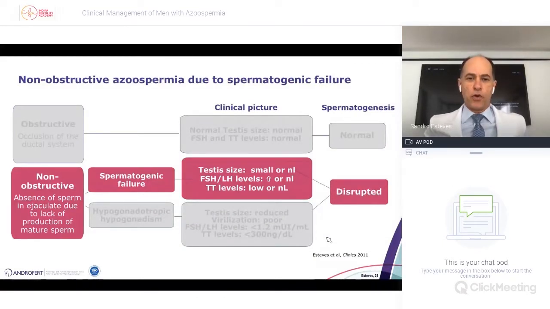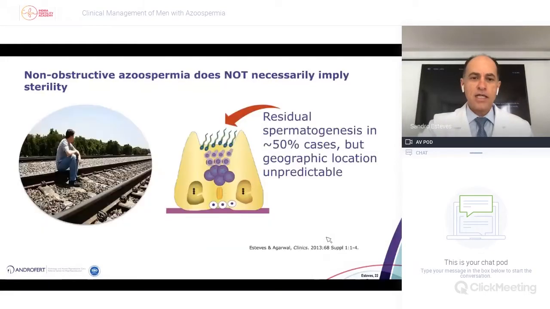Now I want to move to the last point, which is spermatogenic failure. This is a very important condition because it represents most of the patients we see in the clinic. These patients will usually have reduced testicles, high FSH and LH levels, and low testosterone levels. Let's explore this situation in detail, because these patients are not necessarily sterile.